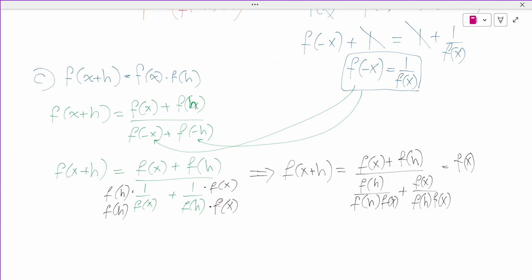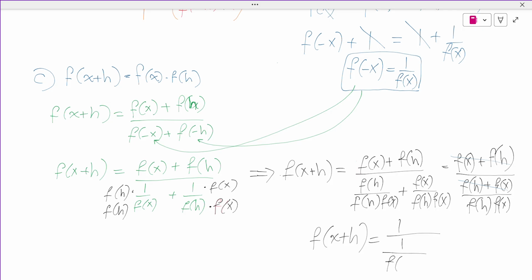So, f of x plus f of h all over, this is f of h plus f of x all over f of h f of x. So, we can now cross f of x plus h with f of x plus h. What is remaining if we do so? If we do so, we have f of x plus h equals 1 over f of x times f of h.